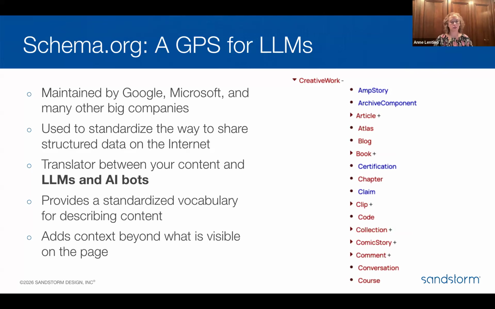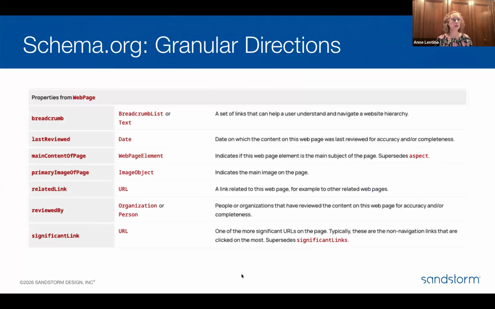It's a way for us to translate content on a website so that it is easily digestible by LLMs and different AI bots that are crawling the site, and gives it a little bit more context, particularly for structured content. So it's a level setting vocabulary that we can start to use across web properties as a whole, and adding that context beyond just the words on the page.